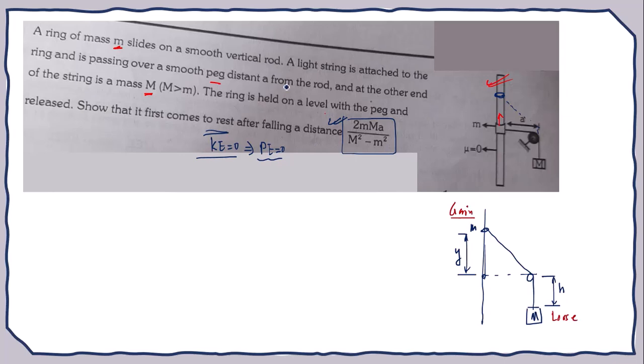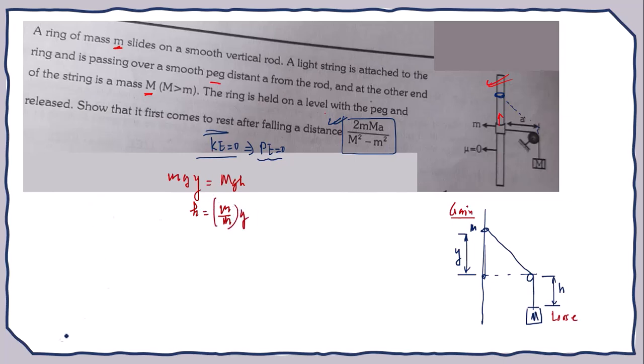For the system, small mgy is the gain in potential energy, which should equal capital Mgh. So from here, small h equals small m divided by capital M into y.